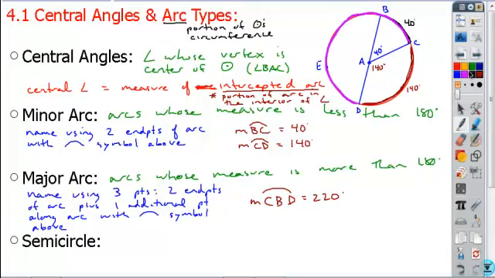All right, the last case is a set of arcs whose measure is exactly 180 degrees. These are called semicircles. They're also named with 3 points.